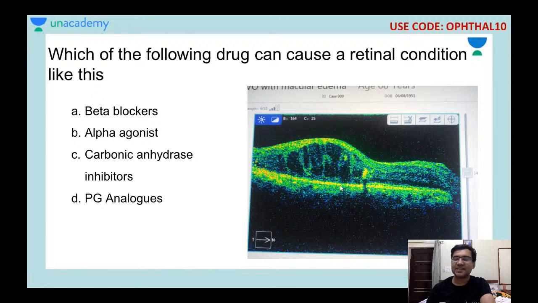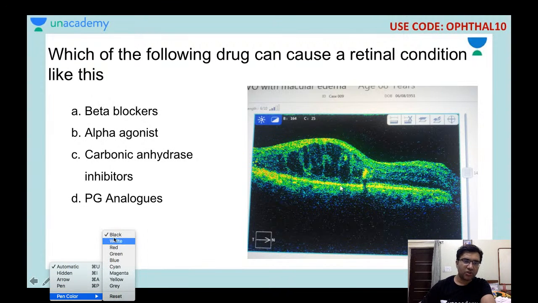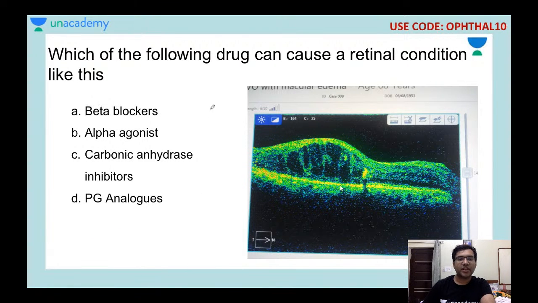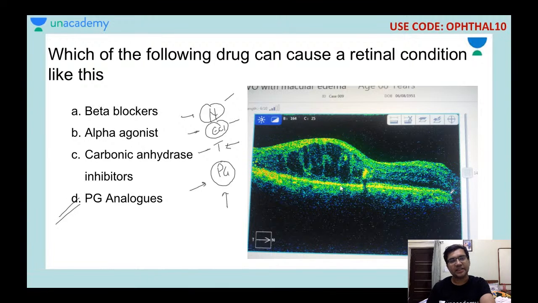So this patient is basically having cystoid macular edema, and as you all know, remember the mnemonic that I have made, the NEET PG. So nicotinic acid, epinephrine, tamoxifen and PG analogs. These are the important drugs which can cause a condition like this. So the answer here would be D.